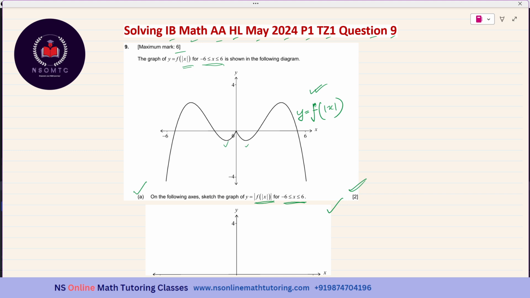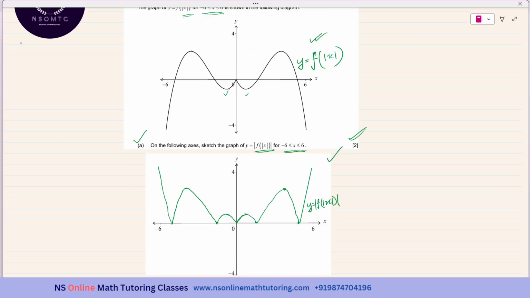And the points on the x-axis are the invariant points. So this is the graph of y equal to absolute value of f of absolute value of x. You see, these portions have come up, have got reflected on the x-axis, and these portions also have got reflected on the x-axis, and this is the graph.